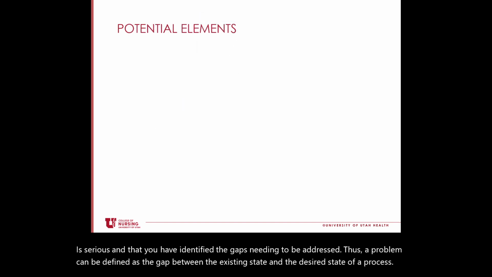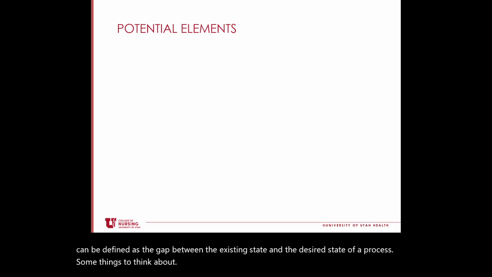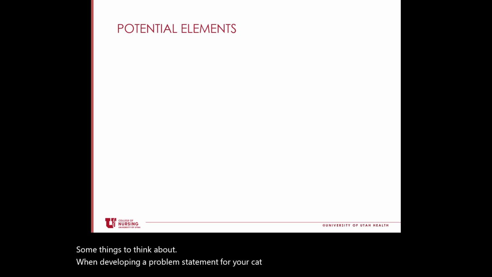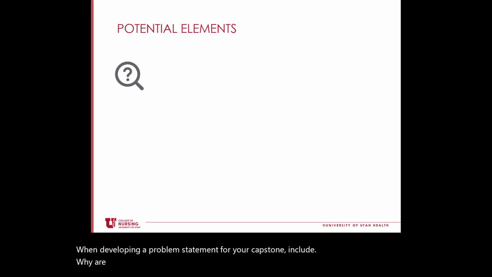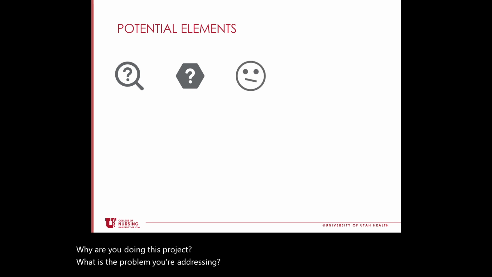Some things to think about when developing a problem statement for your capstone include: why are you doing this project? What is the problem you're addressing? Who is affected? When is it a problem?